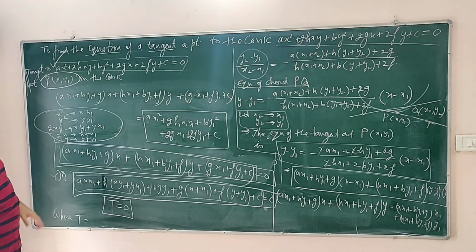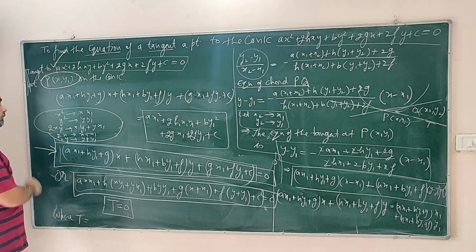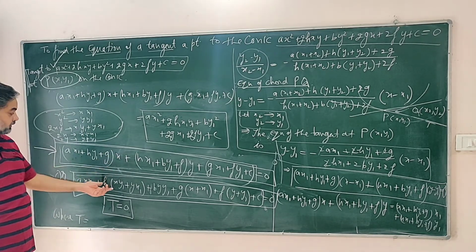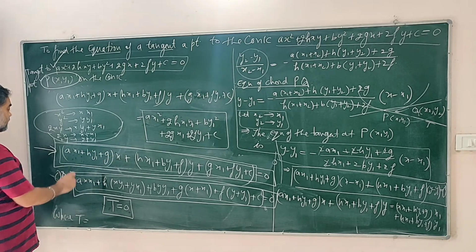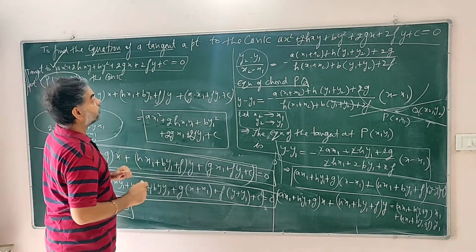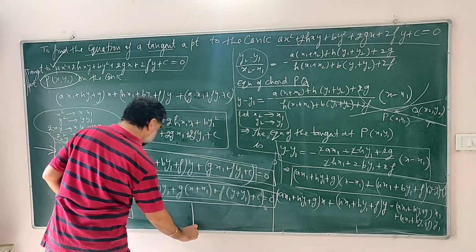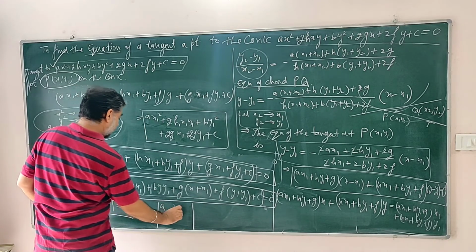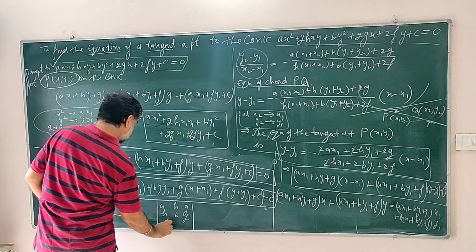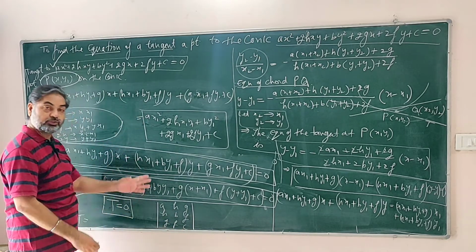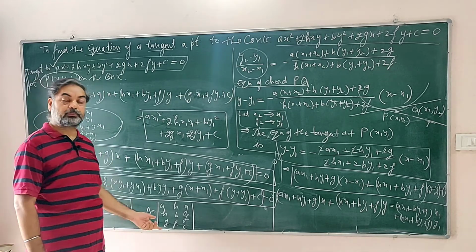There is another way to remember the equation of the tangent. This equation of the tangent can also be written like this. You remember this determinant, A, H, G; H, B, F; G, F, C. This determinant is called delta.